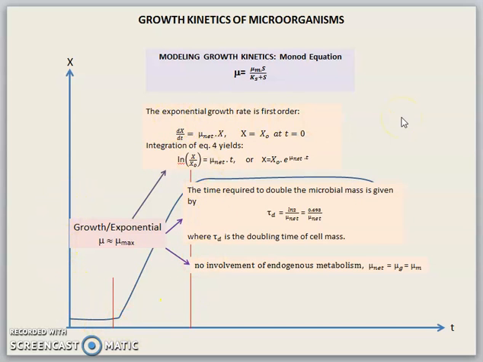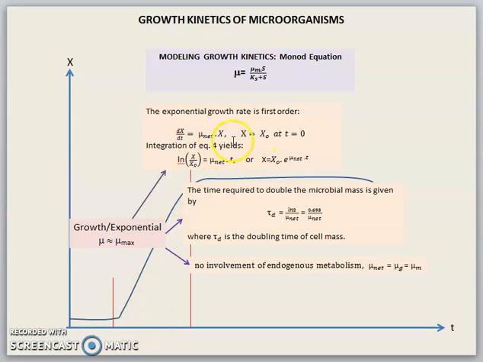The growth phase is also known as the exponential phase, where it is a first order rate of reaction. It is represented by the equation dx over dt equals mu net times x, or also mu equals 1 over x times dx over dt. It's similar, you just rearrange the equation.